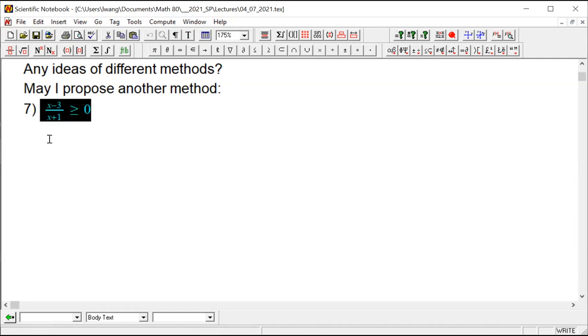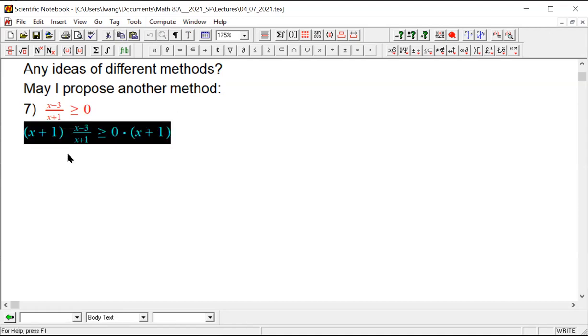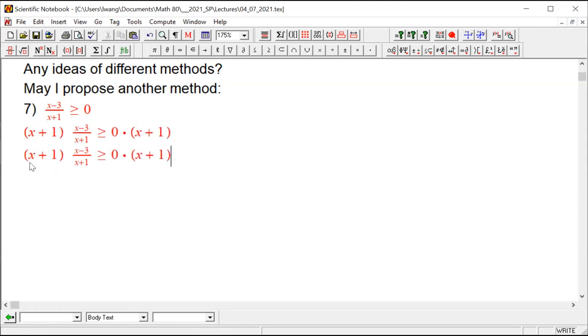So if the quotient is greater than or equal to 0, what I'm going to do is multiply by x plus 1 on both sides. And as a consequence, I get x minus 3 larger than or equal to 0. And I will get x is greater than or equal to 3.